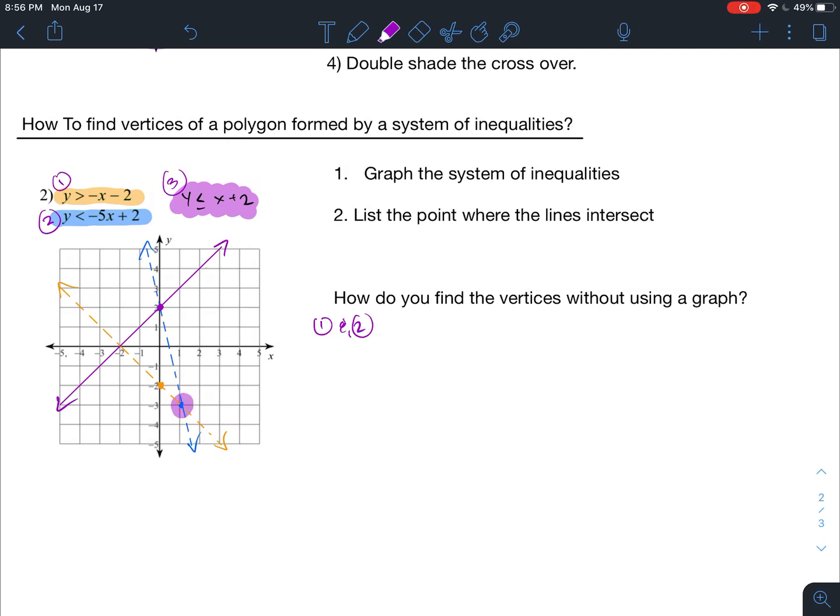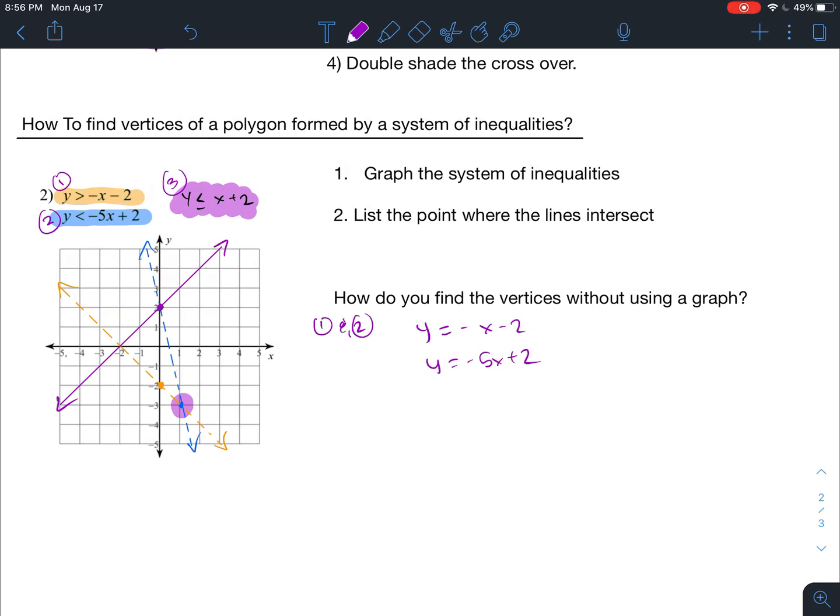We want to find out where that point is. So let's write down our equations. I'm not going to write the inequality, I'm going to write the equations. Alright, now I'm going to solve.